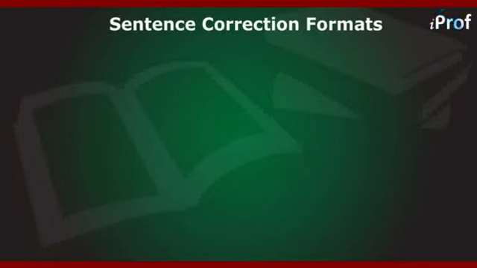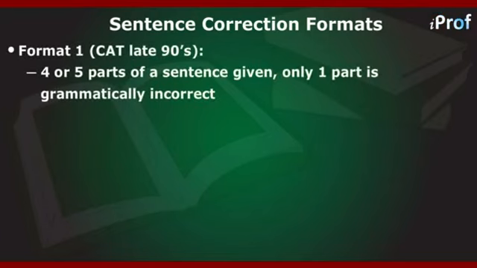Like always, let us start with taking a look at the formats of this type of questions that have appeared in the past CATs. In the late 90s, a sentence correction question would consist of 4 or 5 parts of a sentence, of which only one would be grammatically correct.